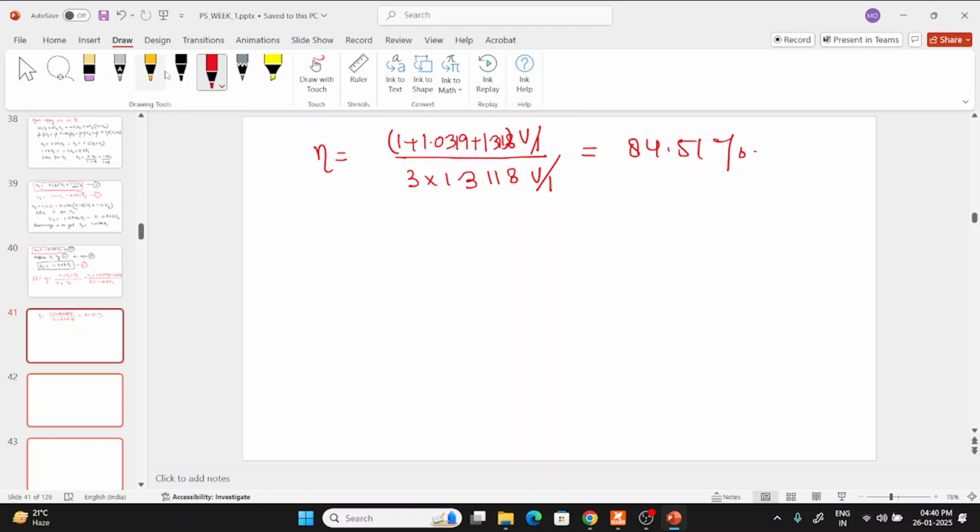So the string efficiency is 84.51 percent.